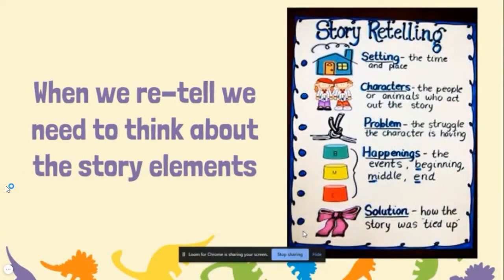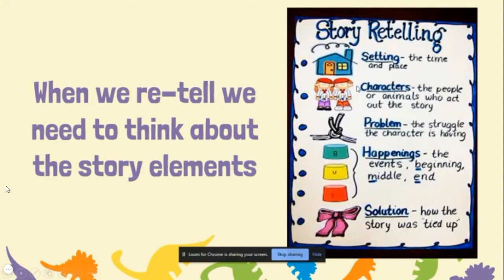When we retell, we need to think about the story elements. So let's remember what are the story elements that we've been talking about in class that we need to keep in mind after we read a story so that we can do a very good retelling. Okay, first one is the setting. Let's remember that the setting is the time and place where the story happens. Then we have the characters, which are the people or animals who act out the story.